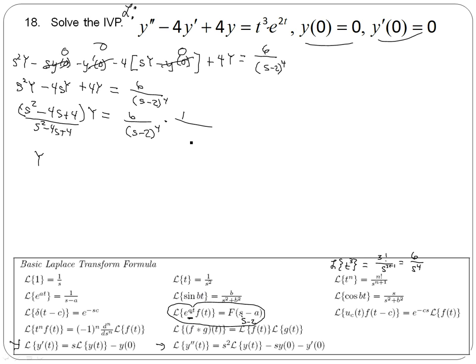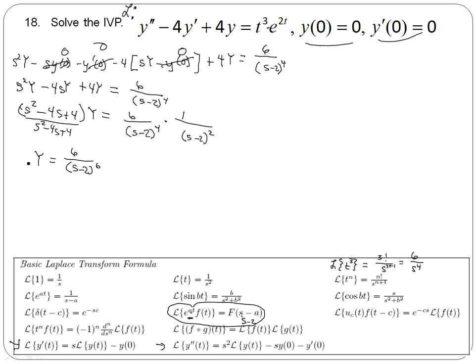Now if you factored this, it would factor into (s minus 2) squared. So you're actually adding 2 more factors of s minus 2 to the denominator: (s minus 2) to the 6th.